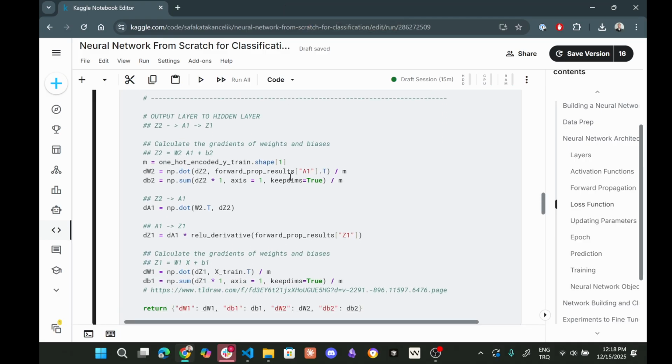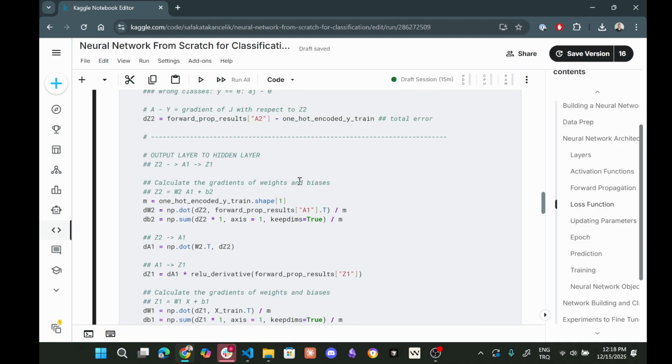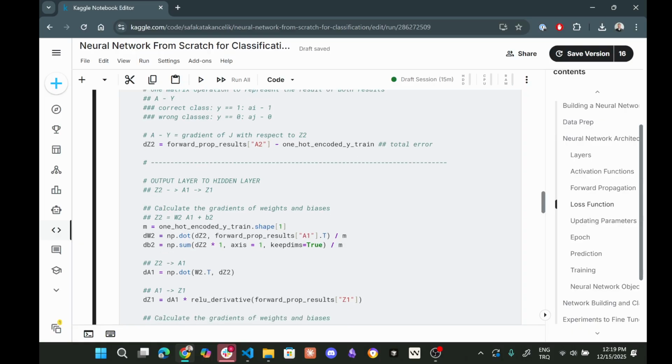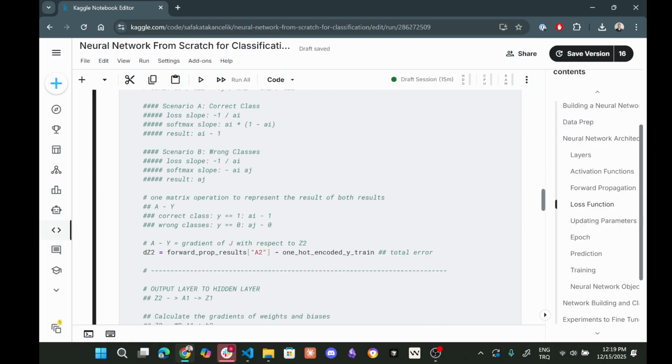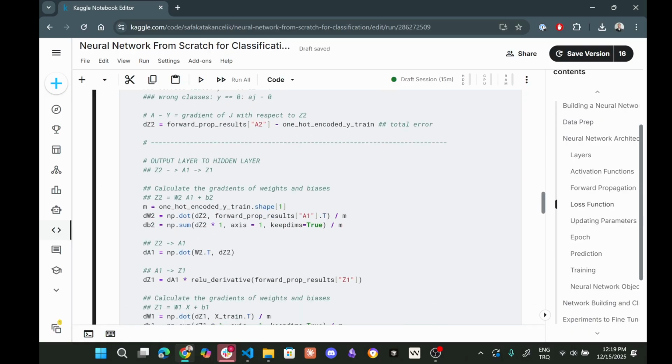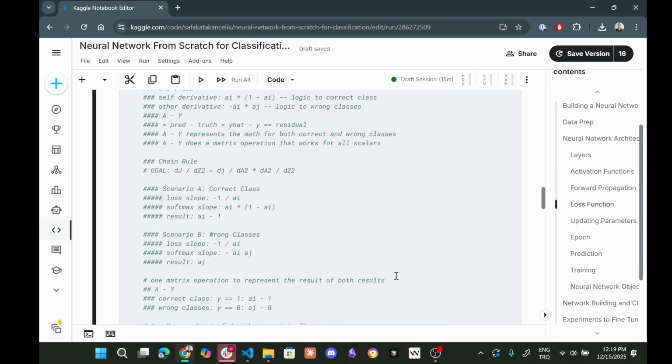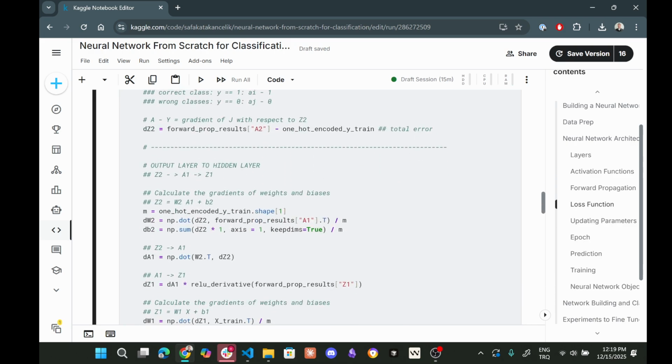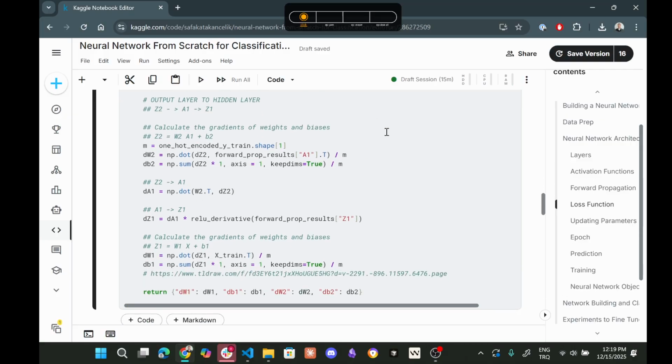Anyway, from there things get easier, because the softmax derivative was the most problematic thing. After we have the dZ2, what we need to do is divide it into these weights and bias. So we take three derivatives here. The first derivative is to find the gradient for the V2.